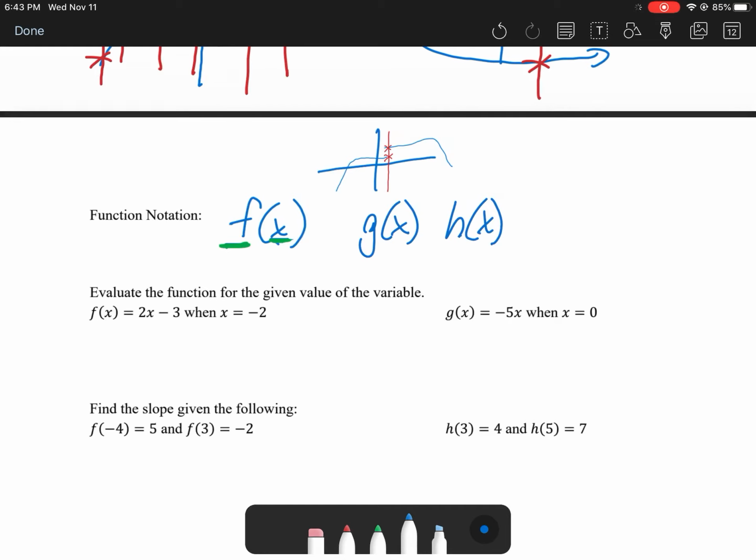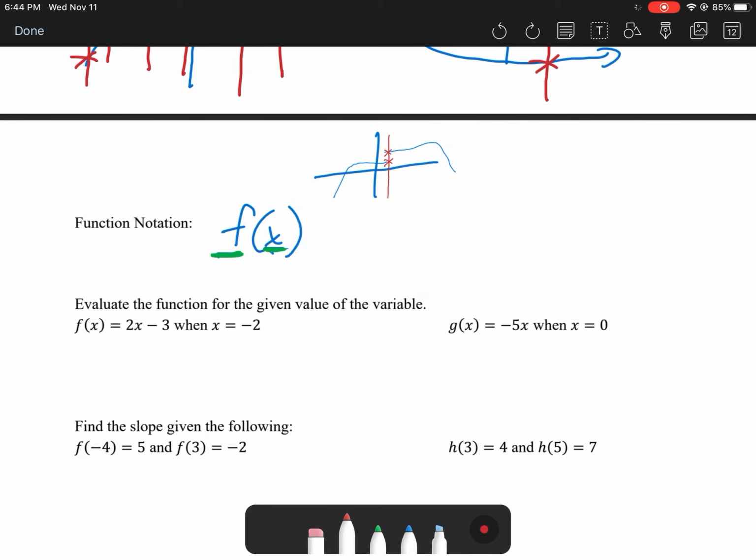It's just to give a new name if we have more than one line on a graph. I could have this line right here, and then this line right here. I can name this one g of x, and this one f of x. So then when I talk about the lines individually, nobody gets confused.